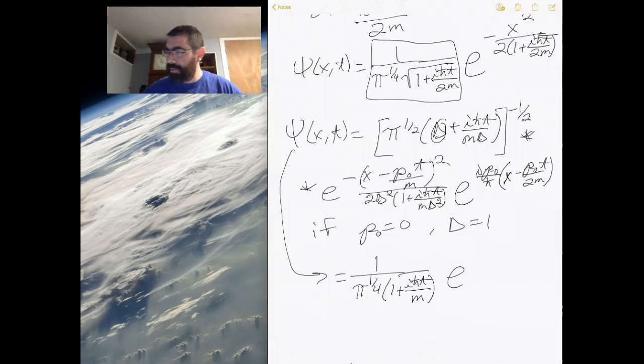Now the exponential, okay, this term right here, p0 is 0, so that drops out.